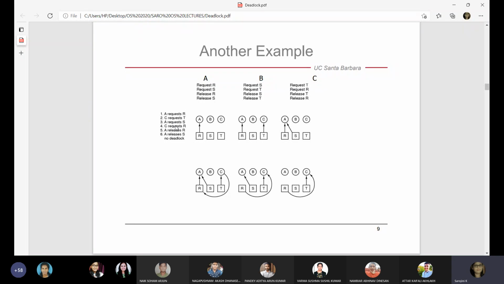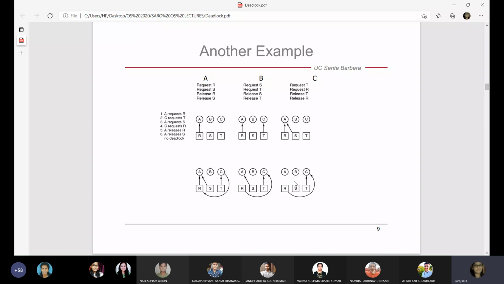It is just a simple example. When the allocation and releasing of the resources happen this way, there is no deadlock. There is no circular wait.